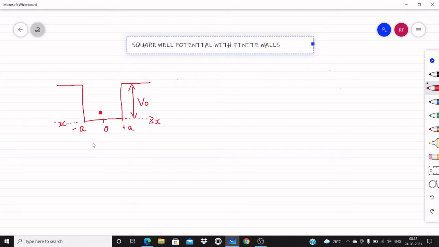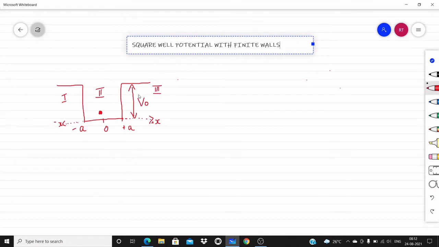So if we write the potential at various regions of x, let us name this region as region 1, region 2, and this is region 3.